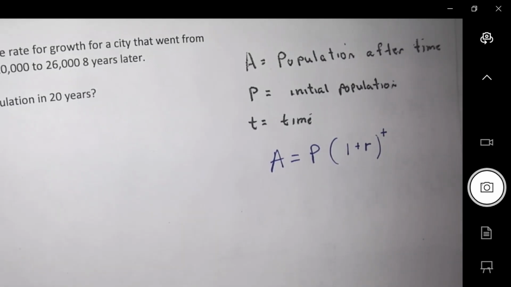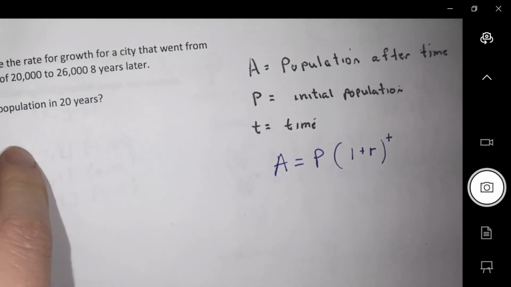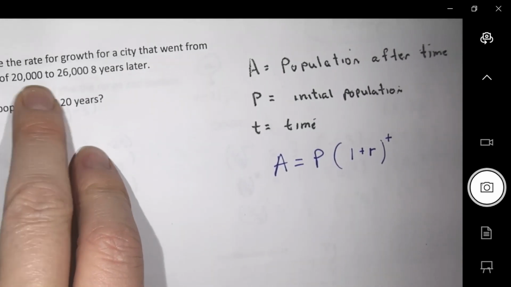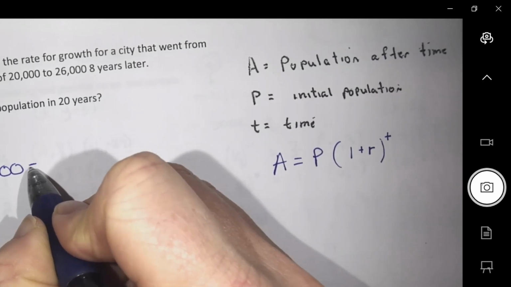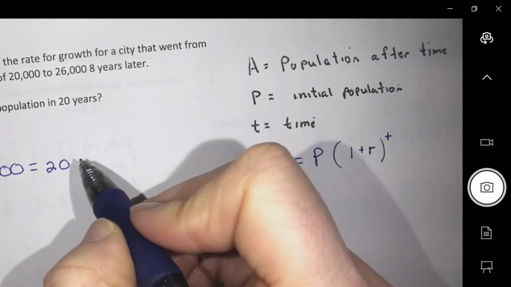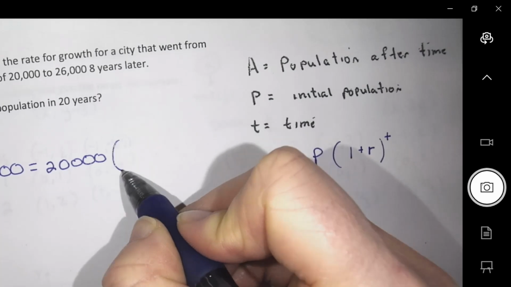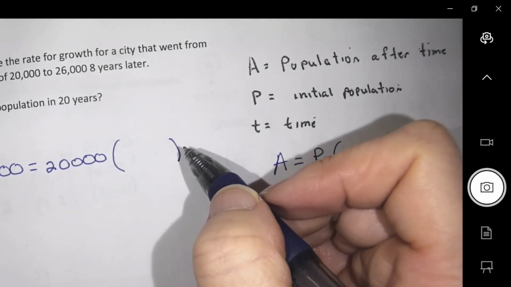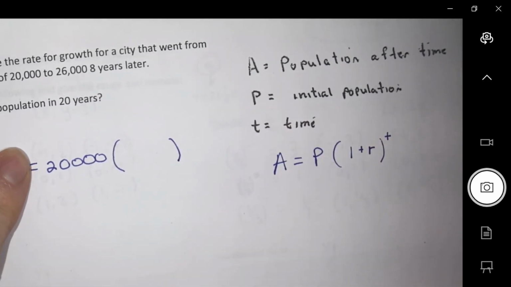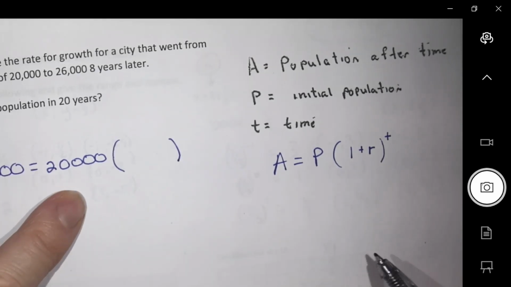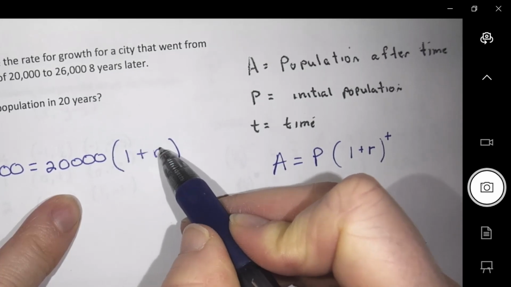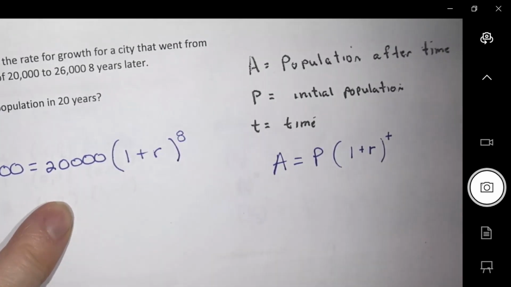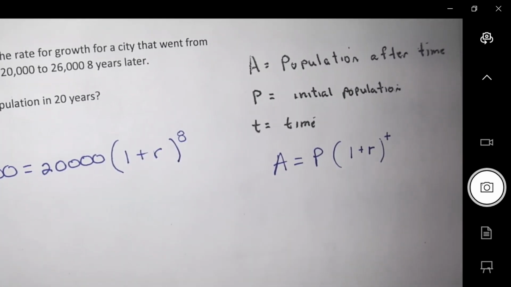So A is the population at the end. It went from 20,000 to 26,000, so 26,000 is the end. It started at 20,000. One plus r to the 8. No, this doesn't make sense.